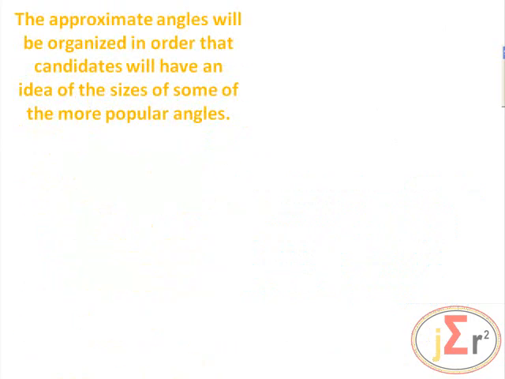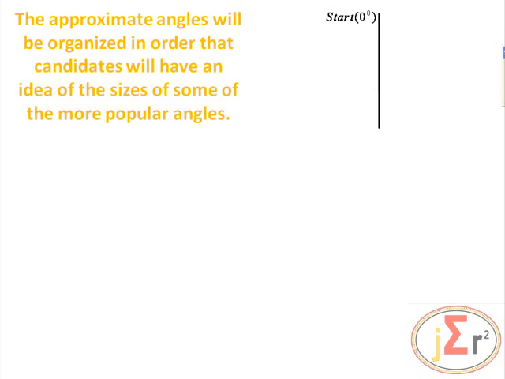The approximate angles will be organized in order that candidates will have an idea of the sizes of some of the more popular angles. So this angle cycle is our new angle cycle, and it is more detailed.